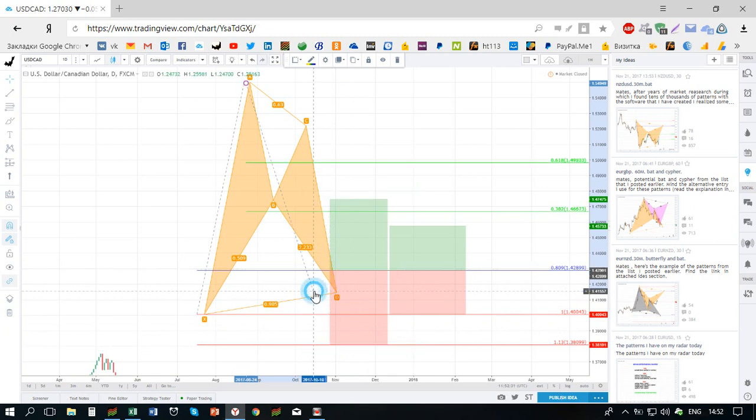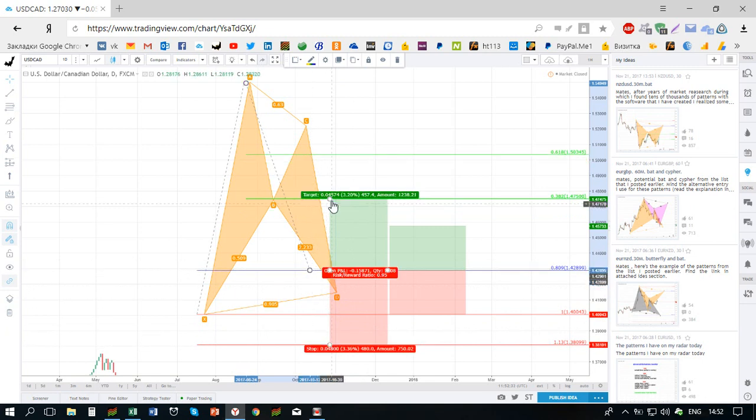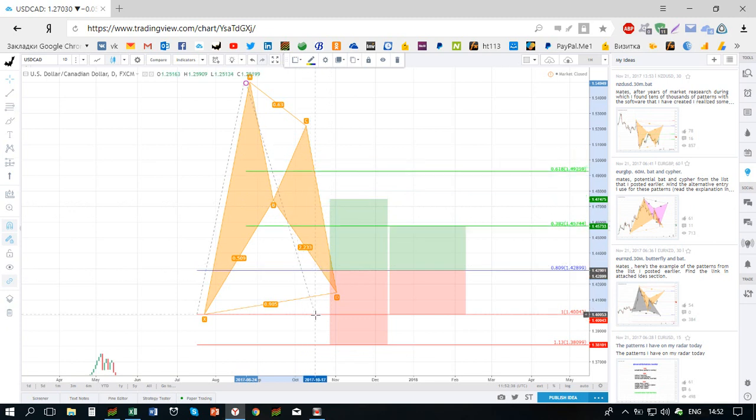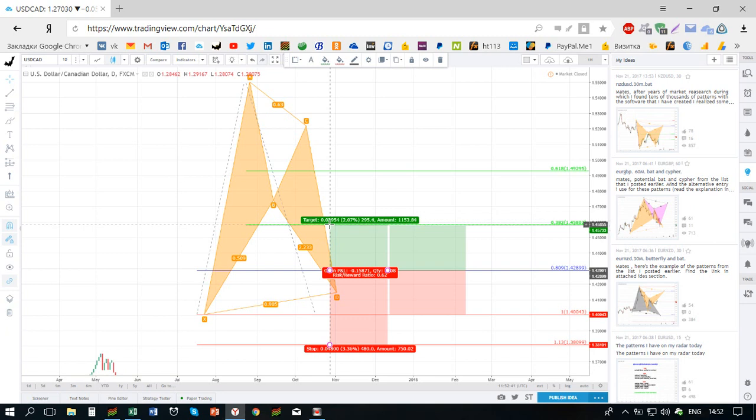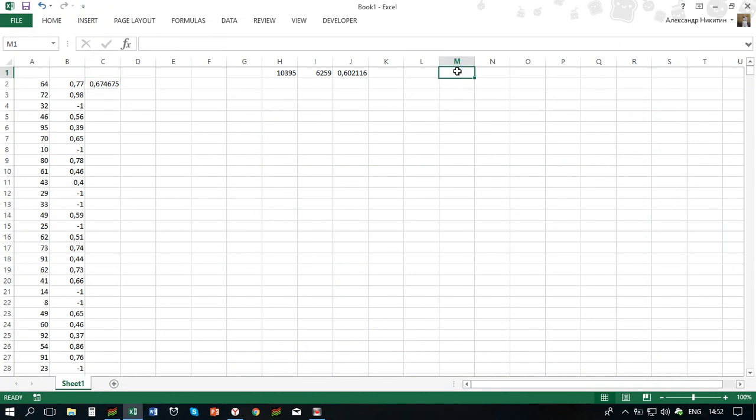The risk to reward, if it reverses here first, from 1 to x, the minimum is 0.62, minimum winner 0.62, and the maximal winner is 1. Here, in case the price reverses before x, the maximal winner is 1. The minimal winner is 0.62.